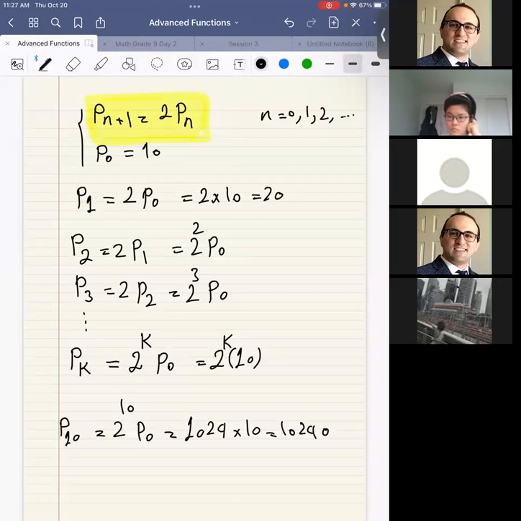This is called exponential growth. Okay, so I just wanted to introduce this concept of recursion, or sometimes also called reduction, by a simple example.